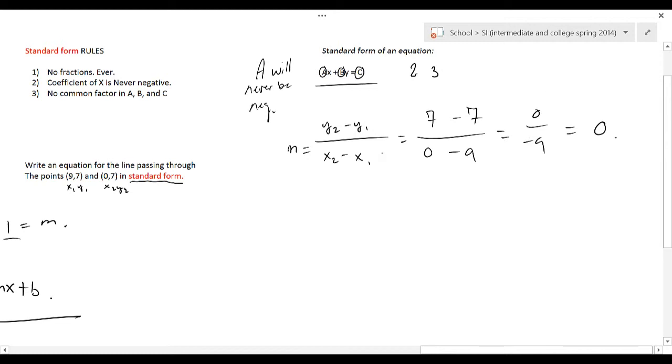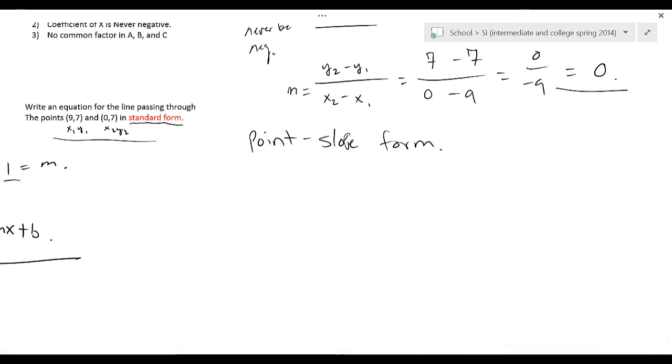Now let's go ahead and use, we've got a slope and we've got 2 points. So let's use point-slope form. That makes the most sense, based on what we've already got.